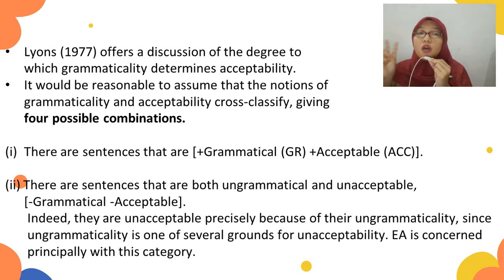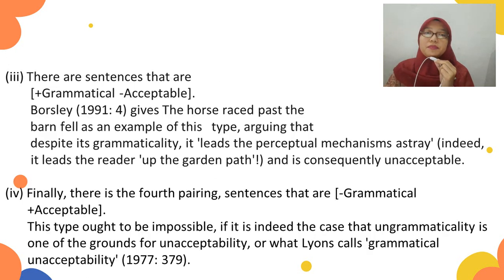The second one, there are sentences that are both ungrammatical and unacceptable. Indeed, they are unacceptable precisely because of their ungrammaticality, since ungrammaticality is one of several grounds for unacceptability. Error analysis is concerned principally with this category.